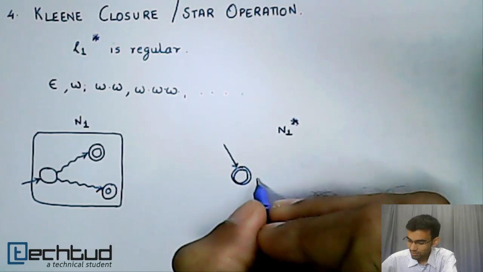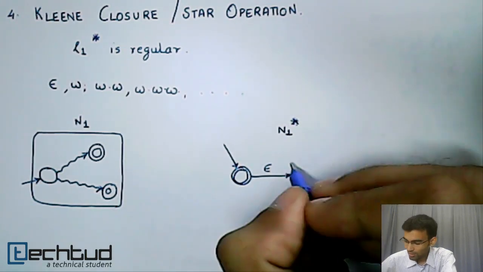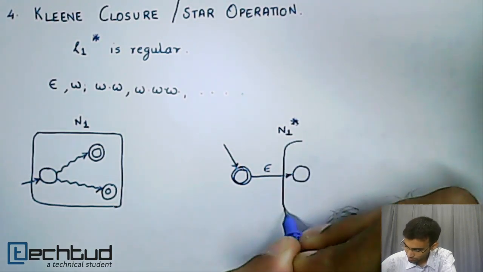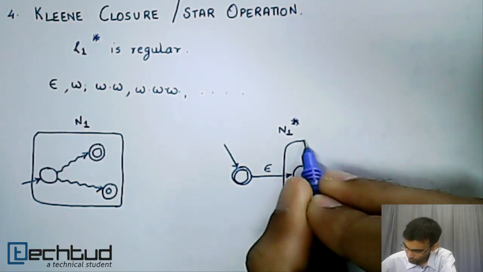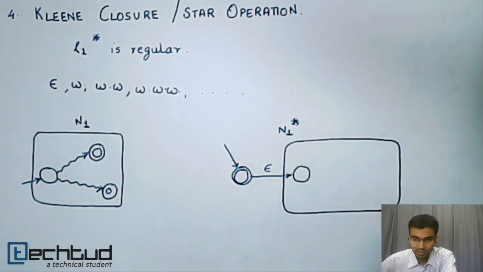From the start state, without reading any symbol, I can move to the start state of N1. This is the start state of N1.